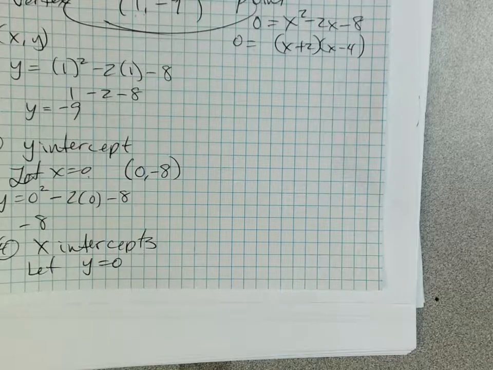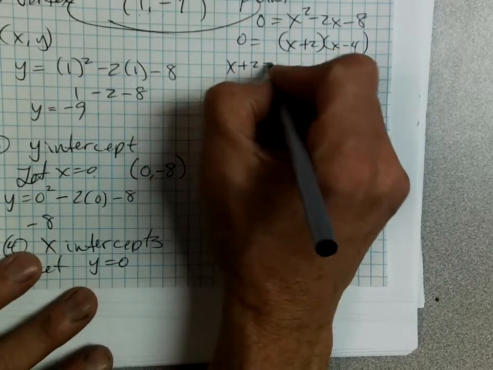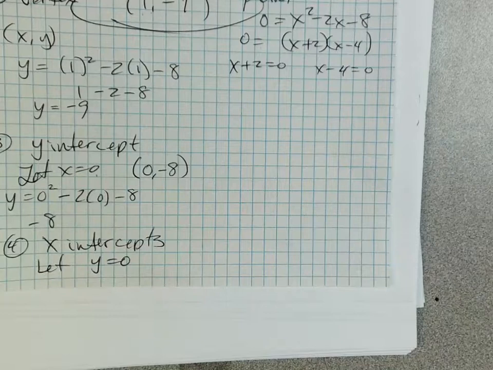We still are solving for x. Now, we said there were 2 answers, right? So if we can find 2 mini equations, we can get 2 answers. I want to know when x plus 2 equals 0, and I want to know when x minus 4 equals 0, and then I'm going to be able to get my x-intercepts.